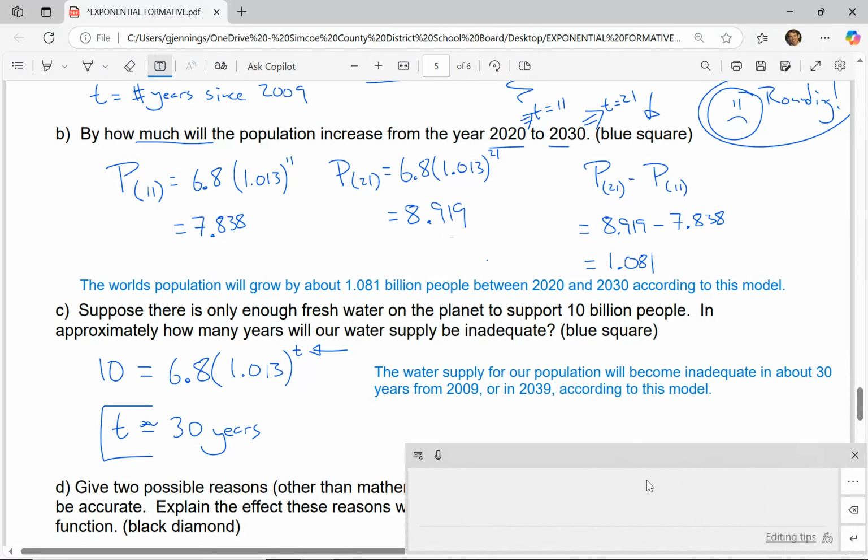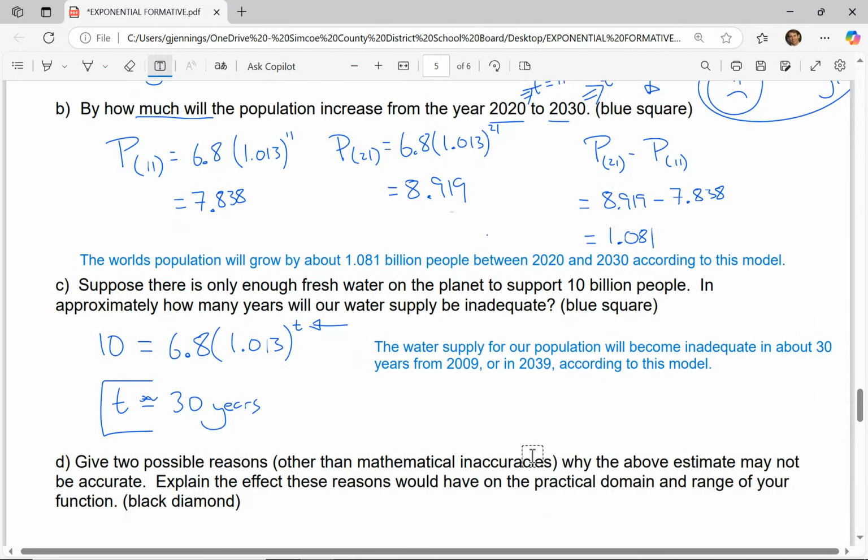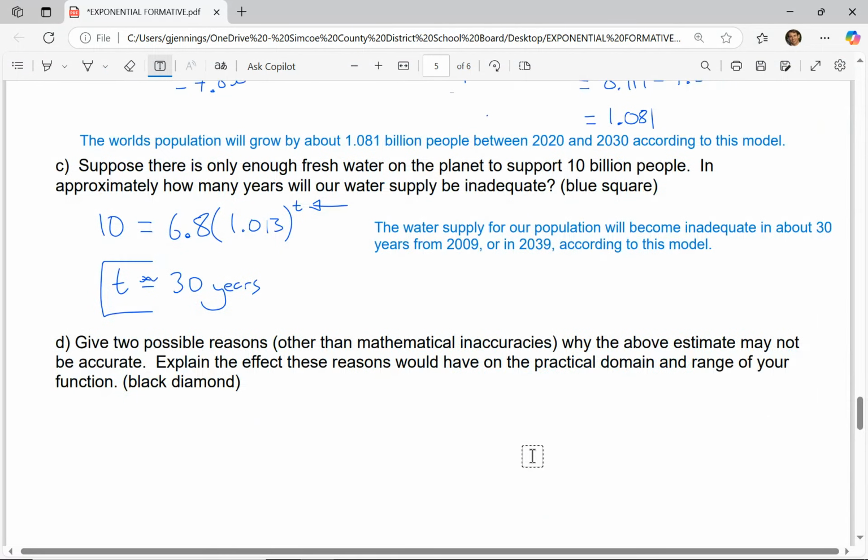Beautiful. Good answer. All right. That's a good answer, but it's not a nice answer, is it? So I hope most of us are going to see that year, and we're not going to see widespread dehydration or lack of sanitation or something like that. So let's think about what problems with this mathematical model might be.